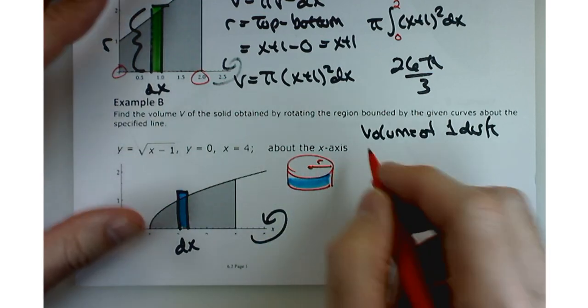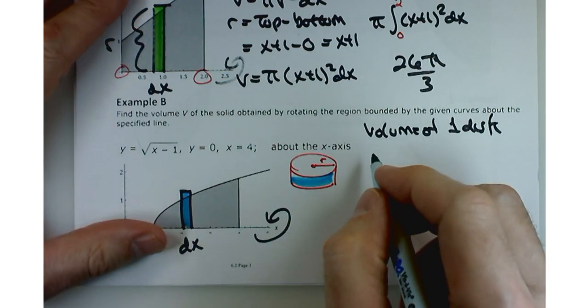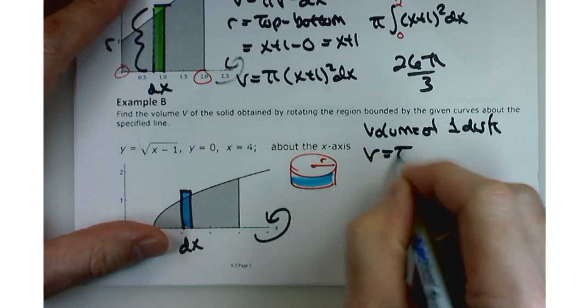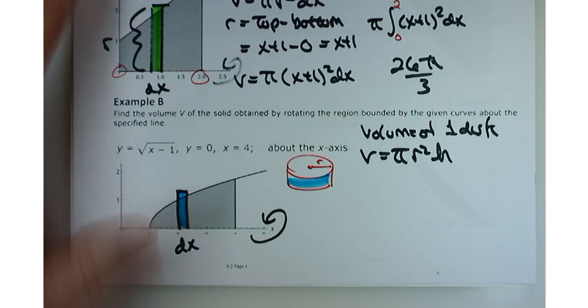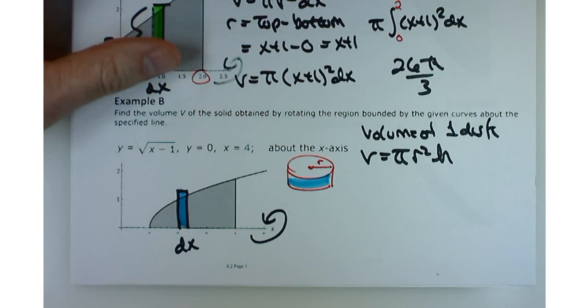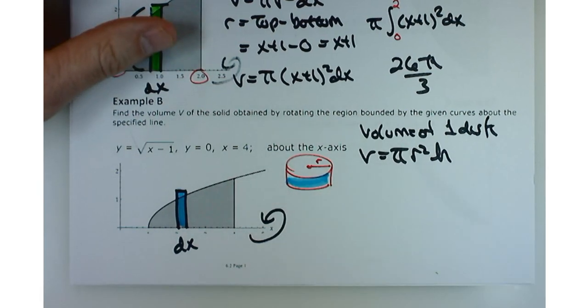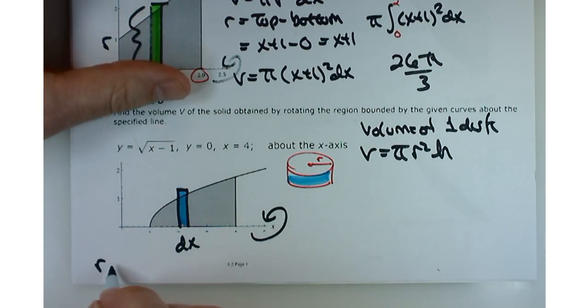The volume of that one disc is simply going to be pi r squared h, which is the volume of a cylinder, pi r squared h. But the big chore for us is going to be to figure out, well, what's the radius in this particular case? So let's figure out the radius.